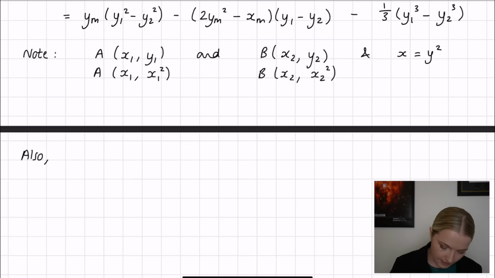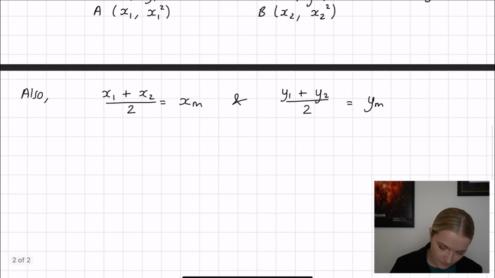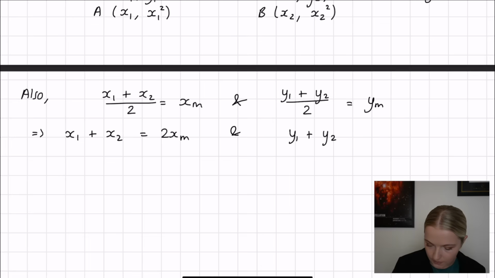Also, we can say that x1 plus x2 divided by 2 is xm. And similarly, y1 plus y2 divided by 2 gives you ym, which gives you x1 plus x2 equals 2xm, and y1 plus y2 is 2ym.